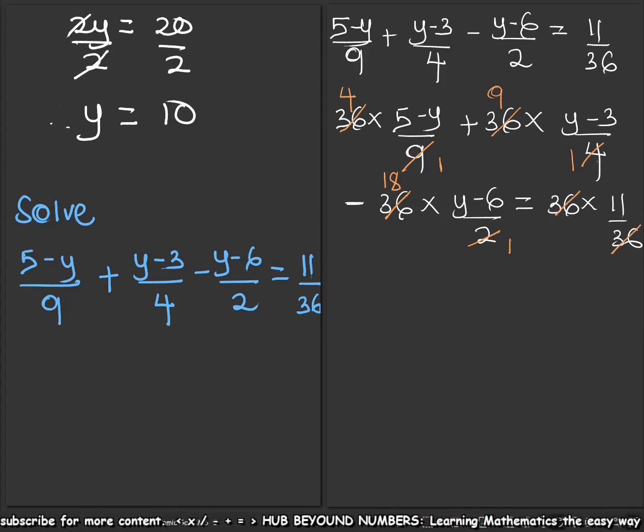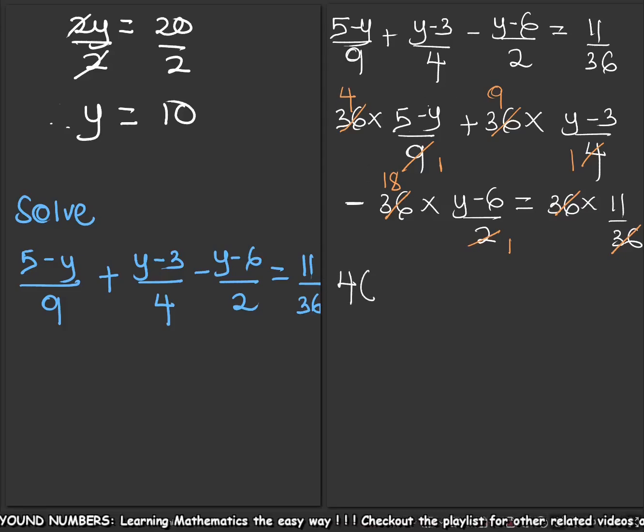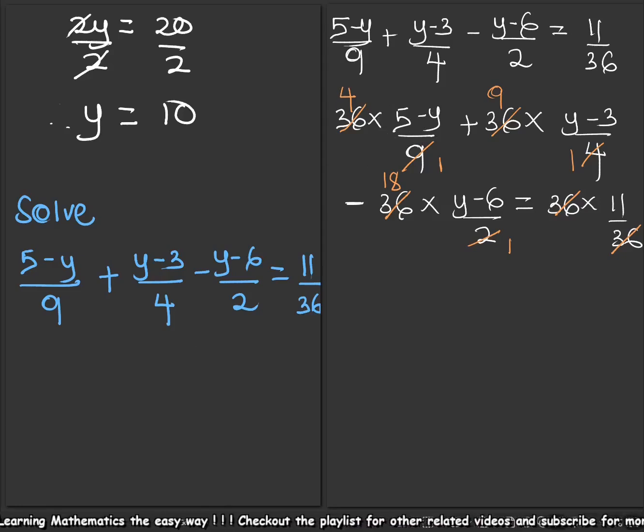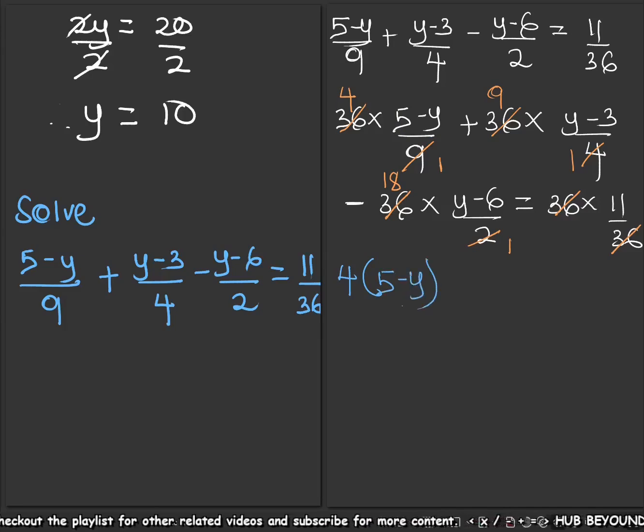So you realize that for each and every fraction, we've got a coefficient for it. And by so, we mean that this 4 here becomes 4 into bracket the 5 minus y over there. You see? So let me write it this way. We have 4, then into bracket this, which is 5 minus y.